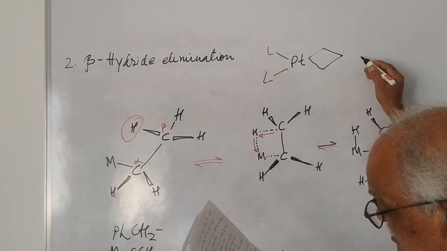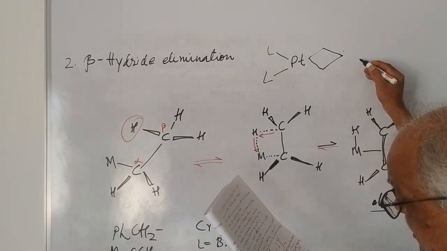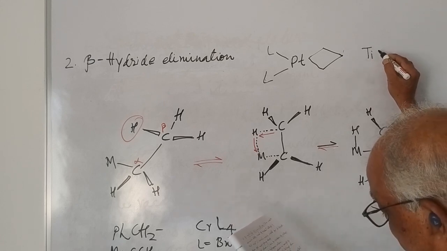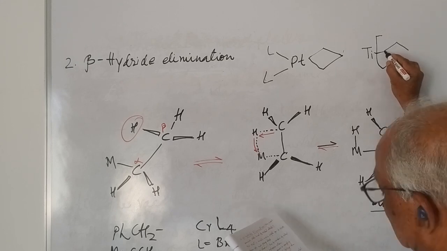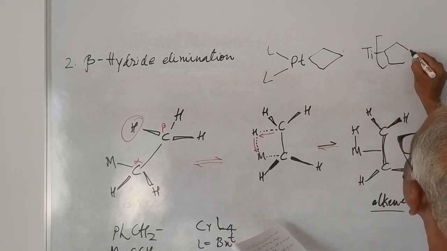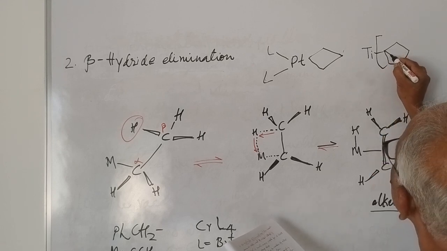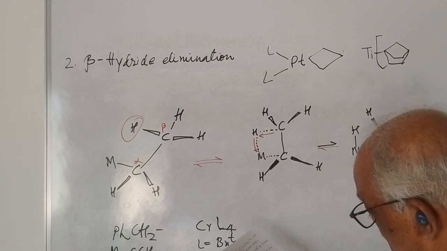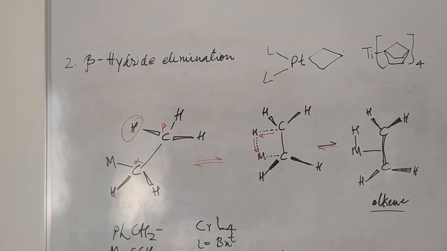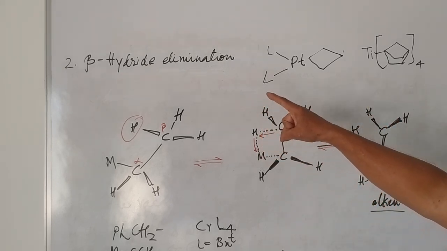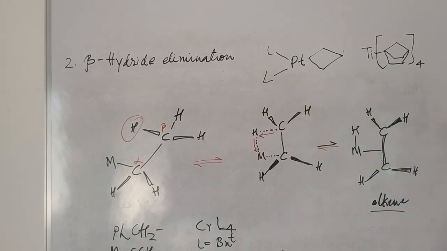If we take the norbornene example, titanium, this is one titanium, one norbornene. In such a case, the beta hydrogen elimination reaction is not possible.